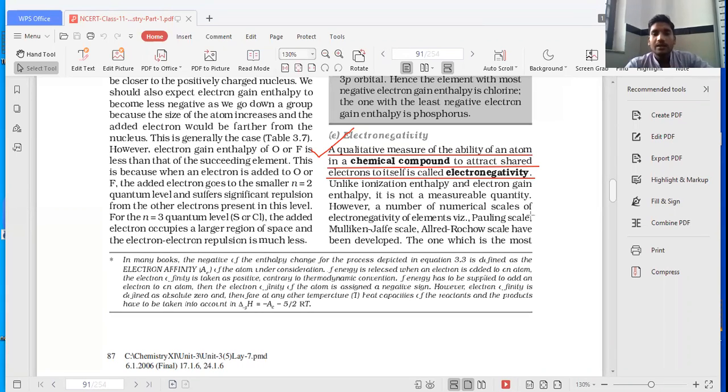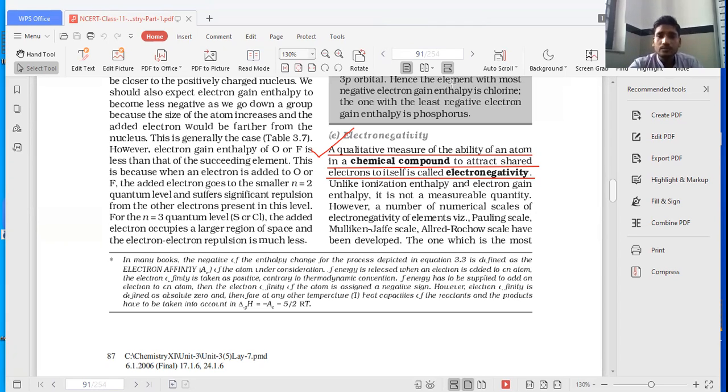And this is why, when we are expressing electronegativity, some of you may ask, since in previous classes or by your own study you must know that the electronegativity of the fluorine atom is 4, right? So 4 what? 4 kilogram, 4 quintal, okay? No unit is there. Why are we giving this number as 4?